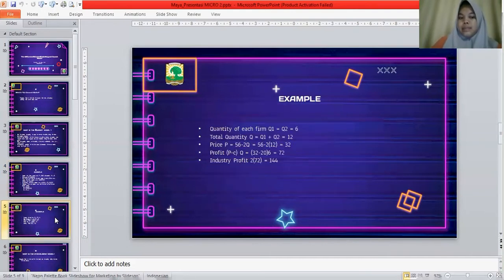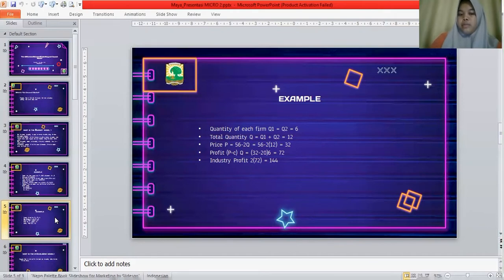And next, the quantity of each firm, Q1 equals Q2 equals 6, and the total quantity Q equals Q1 plus Q2 equals 12, and the price P equals 56 minus 2Q equals 56 minus 2 times 12 equals 32.